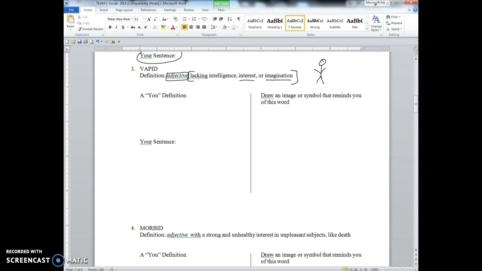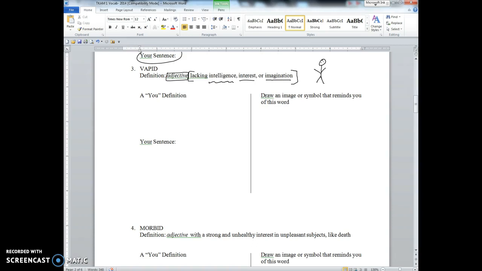And so you can describe drawings as vapid, people can be vapid, and like I said, it's not just lacking intelligence. For anyone that has seen Ferris Bueller's Day Off, there's a teacher in there that is incredibly intelligent, talking about the economy, but nobody's listening to him.